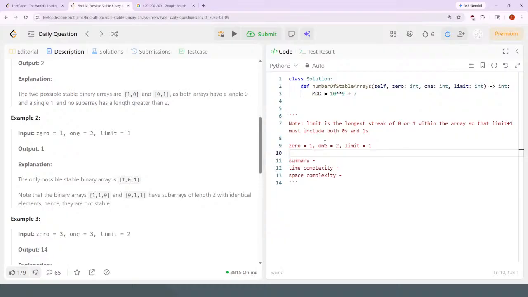If I were to go to each index and have a remaining count for the number of zeros and the number of ones.